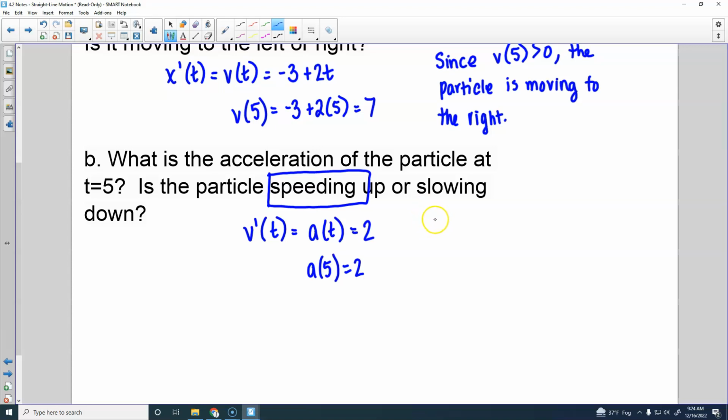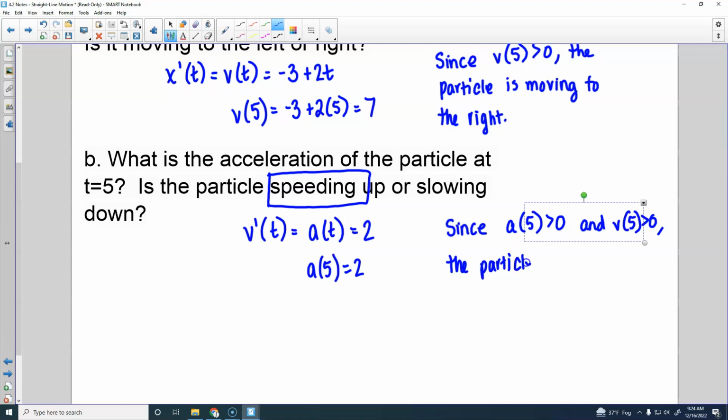So you would have to say, since A of 5 is greater than 0 and V of 5 is greater than 0, the particle is speeding up.